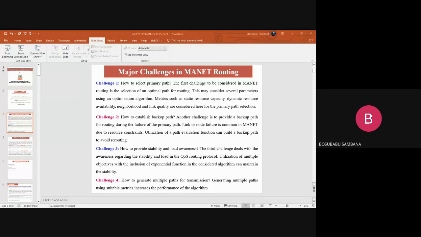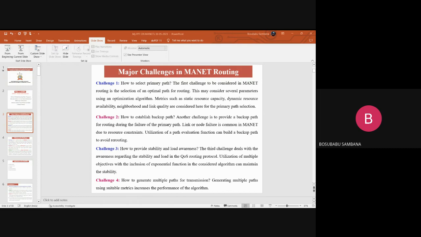In the way, we identified two objectives. Object 1 and object 2. The primary path is selected by the genetic algorithm by modifying the fitness function, incorporating nodes' static resource capacity, dynamic resource availability, neighborhood quality, and link quality.